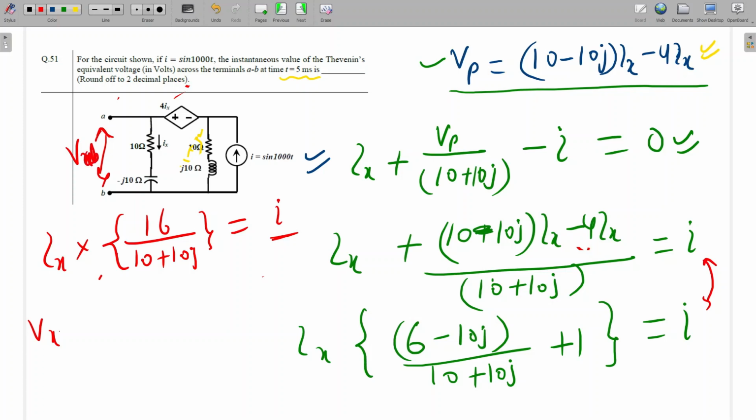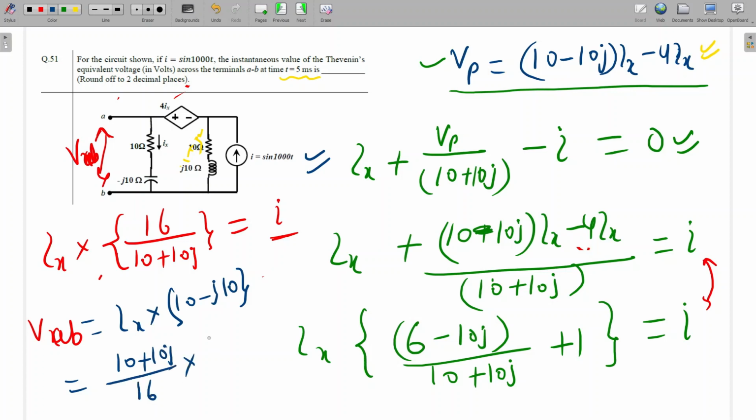VAB will be Ix into (10 minus 10j). Ix will be (10 plus 10j) by 16. So we can write (10 plus 10j) divided by 16 into (10 minus 10j) into I. This will be VAB. Is it clear?